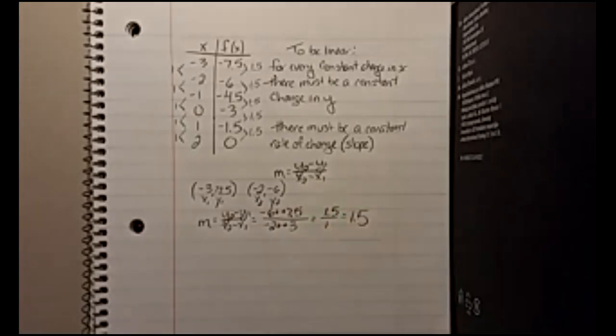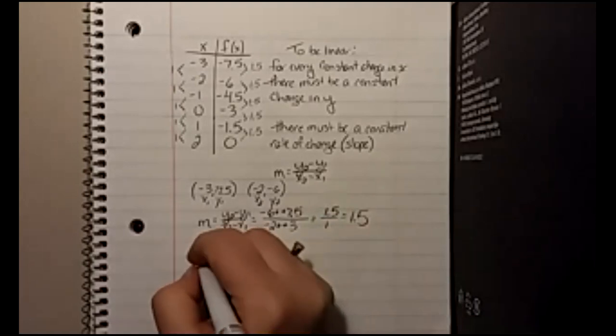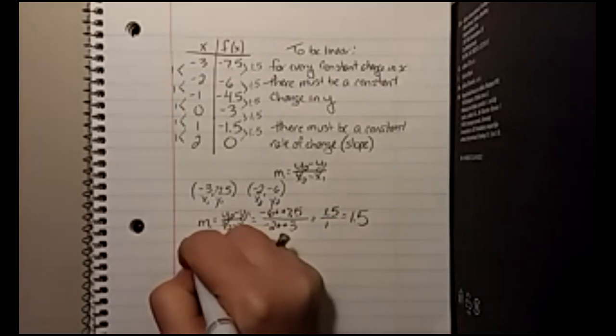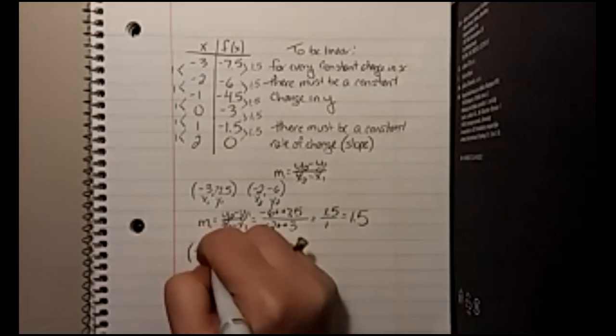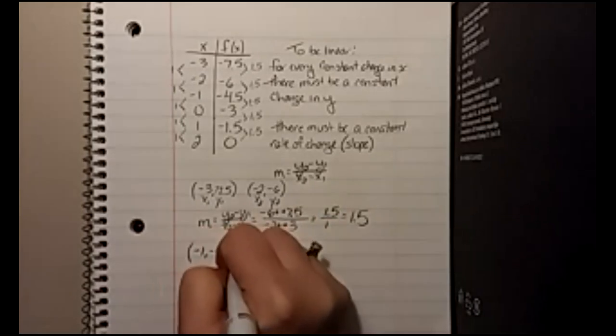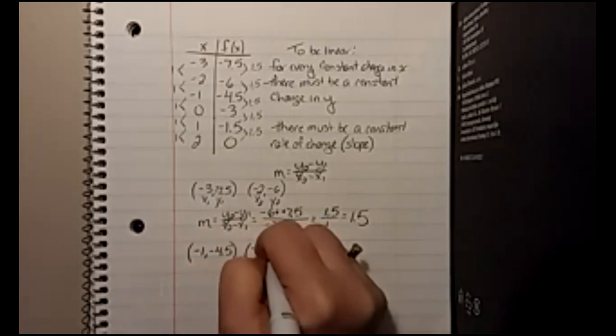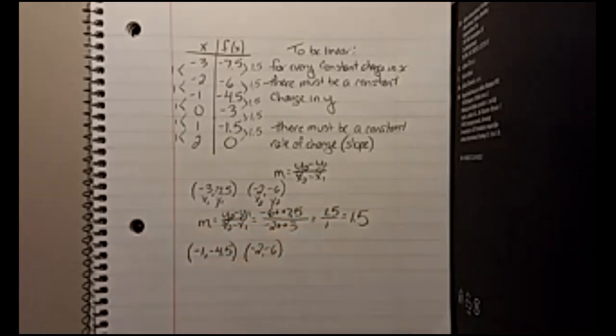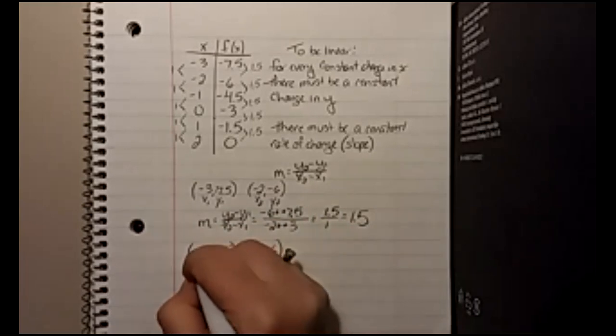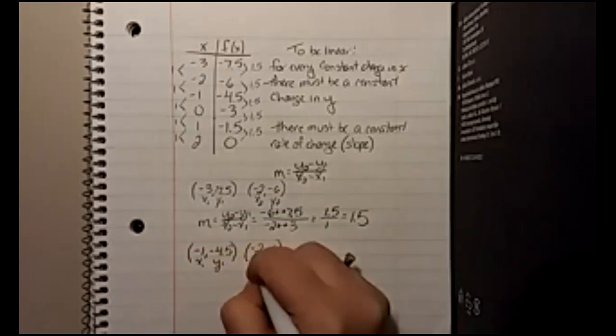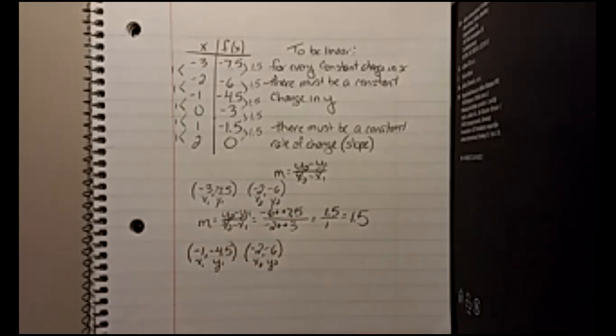Make sure that's true all the way down. So my next two ordered pairs are -1, -4.5, and -2, -6. Do the same thing. Call one of them x1, y1, call the other one x2, y2, and see if their slopes are the same. So I'm not going to keep writing the slope formula anymore. I'm just going to jump right in.